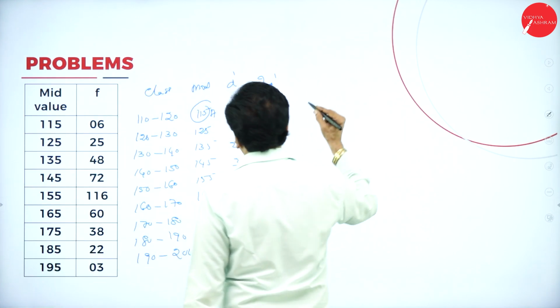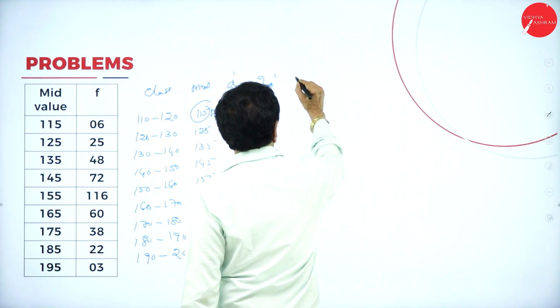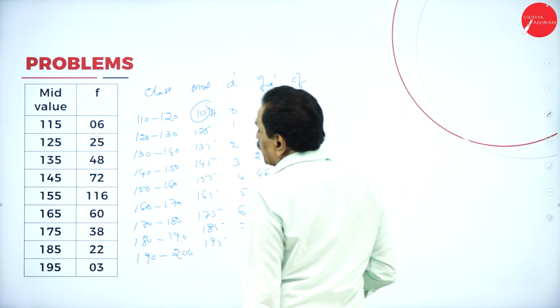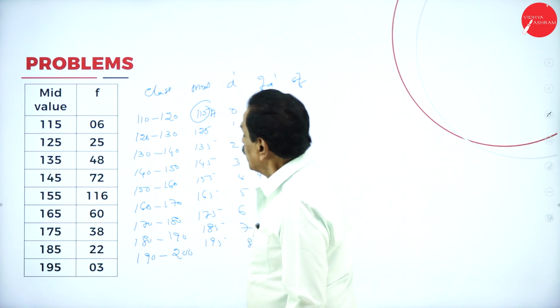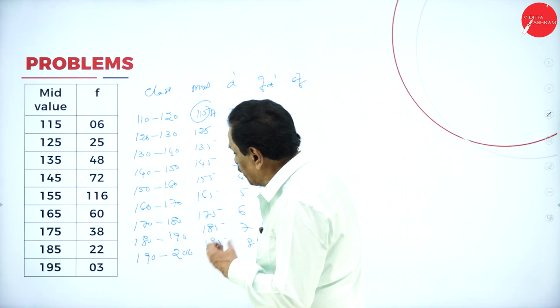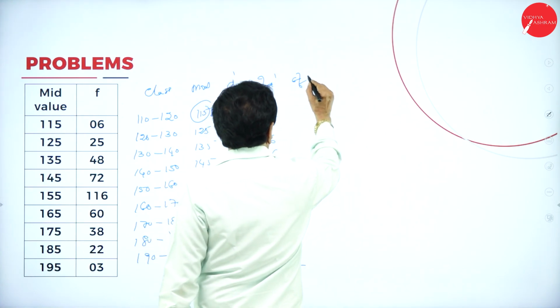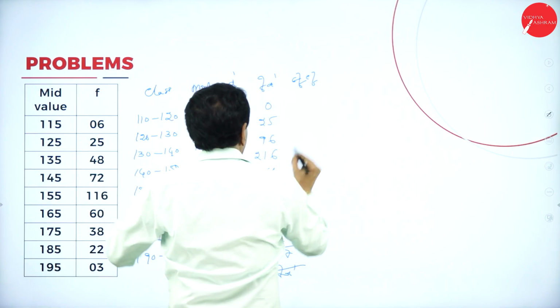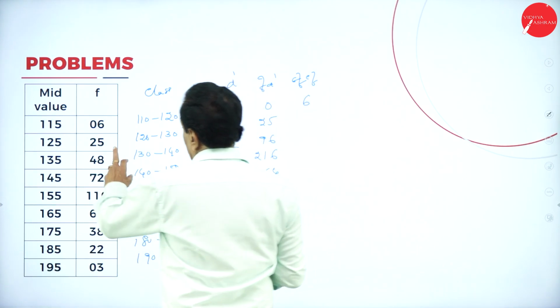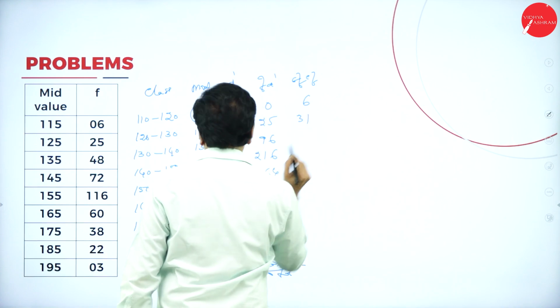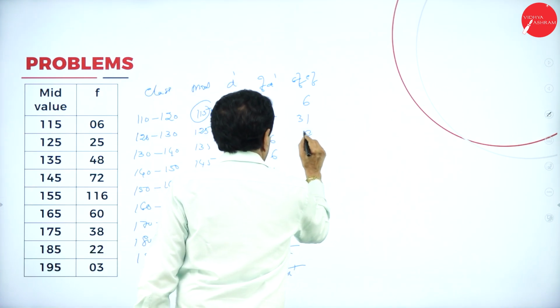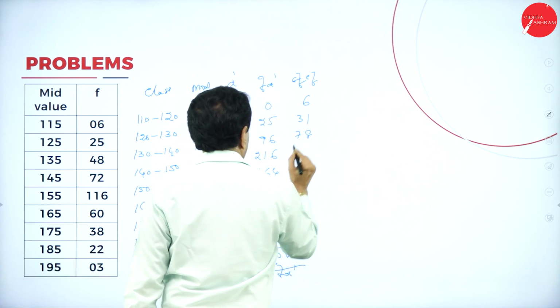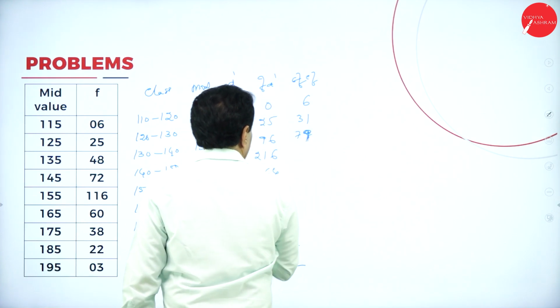Make the cumulative frequency, CF, for the sake of the median. What is the first one? 6 plus 25 is 31, plus 48 is 79.